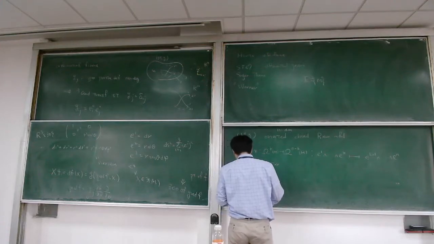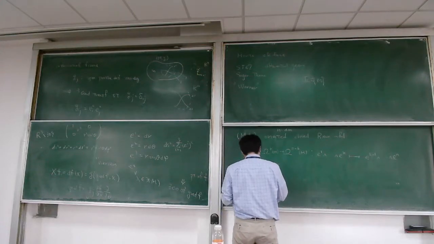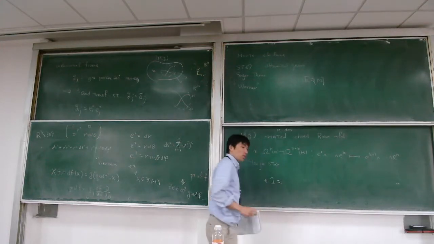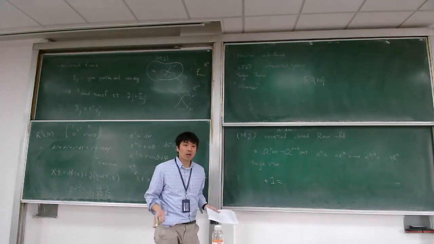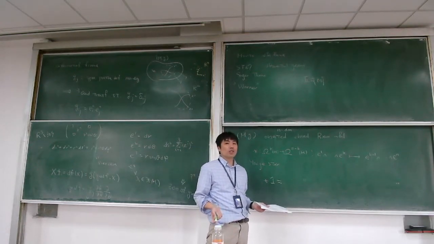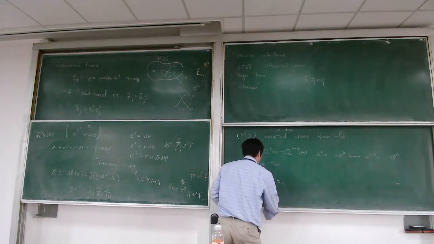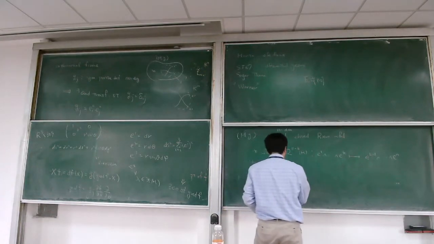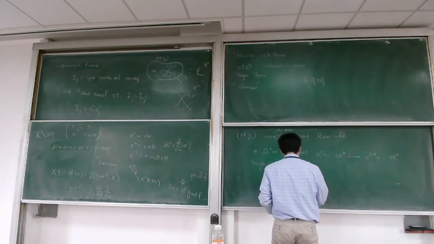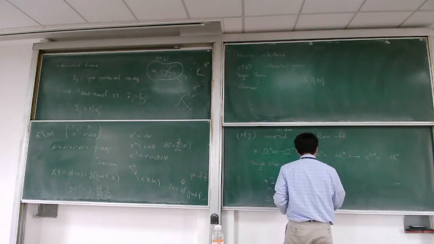In particular, the Hodge star of the constant is just a constant function, omega 0. Once you apply the Hodge star it becomes a top form, e1 through en. That is called the volume form.